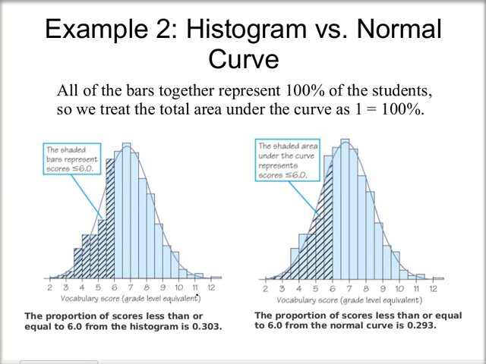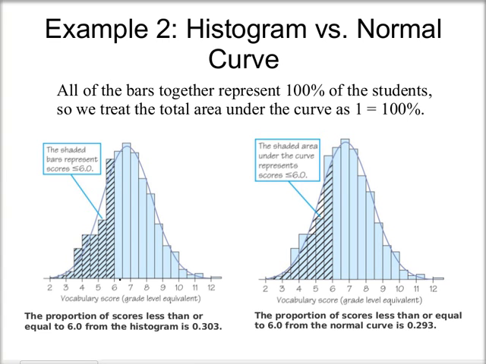So here I've got my vocabulary scores again, and all of the bars in the histogram together represent 100% of the students. And we're going to treat the area under the curve as 1 or 100%. And let's look at this.